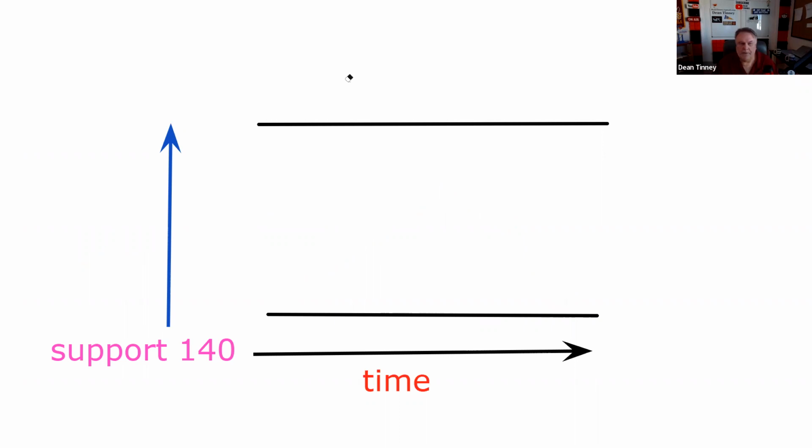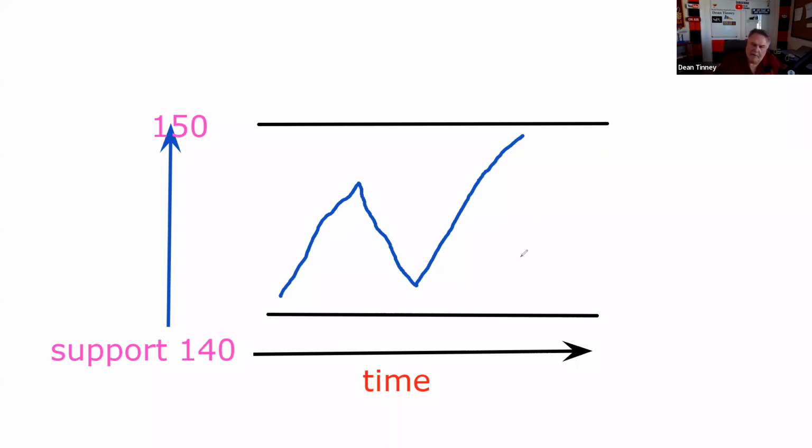Okay, so putting back my top line here is 150. That's my resistance. And what I'm looking for is what's called a breakout. So if we're looking at this chart that I've made here, it looks like it's going like this. Now, here's the key point: at 150, I think there's going to be some momentum.